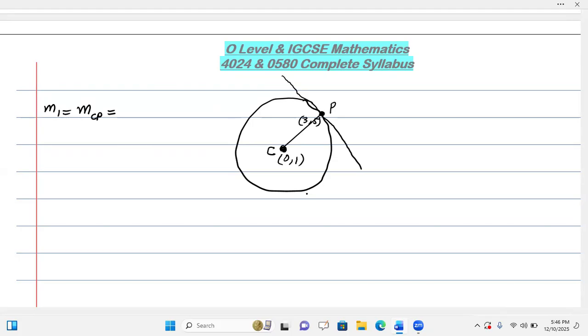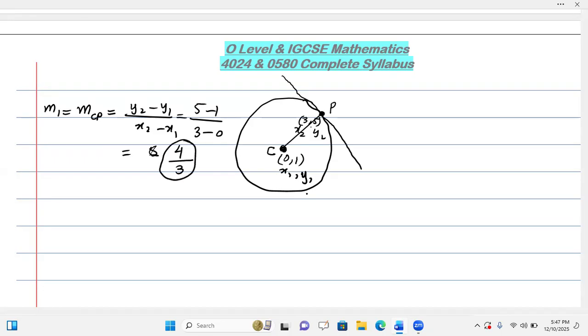So y2 minus y1 over x2 minus x1 should be taken. x2 and y2 are here, x1 and y1 are here. So y2 minus y1, 5 minus 1, over 3 minus 0. So 5 minus 1 is 4, over 3. This is the gradient for line CP, the radius.